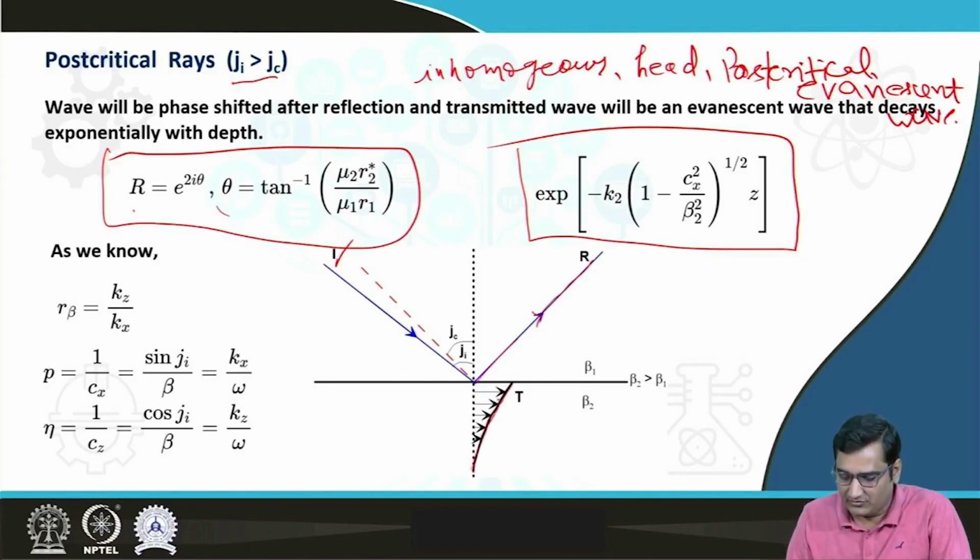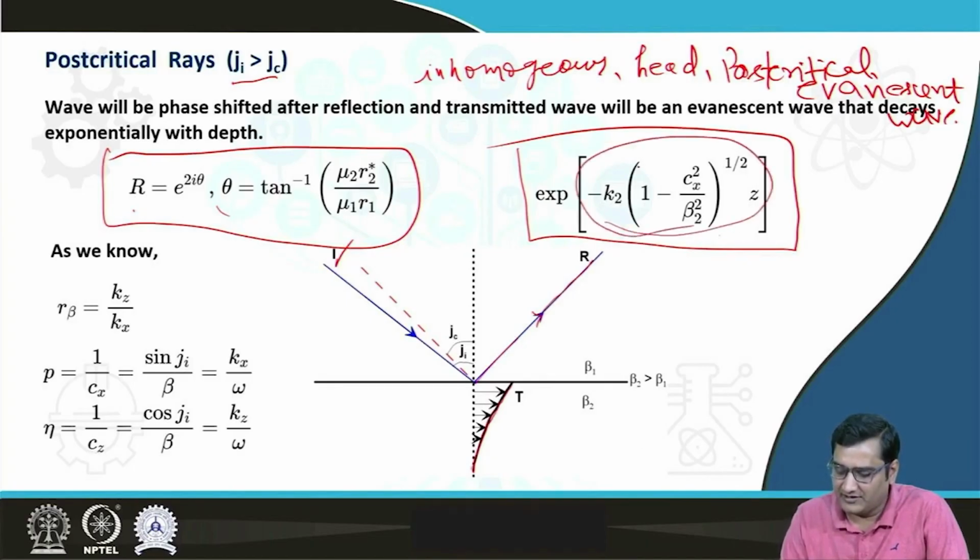The expression is exponentially decaying, with decay in terms of minus k2 times the square root of 1 minus cx square by beta 2 square. Here cx is the horizontal apparent velocity, k2 is the wave number in the second medium, and beta 2 is the shear wave velocity in the second medium.